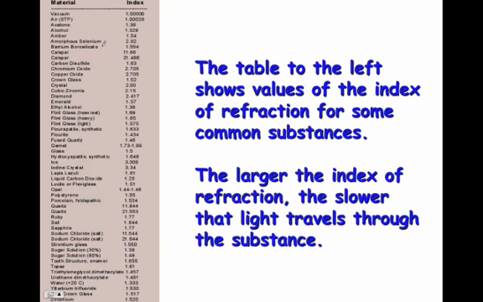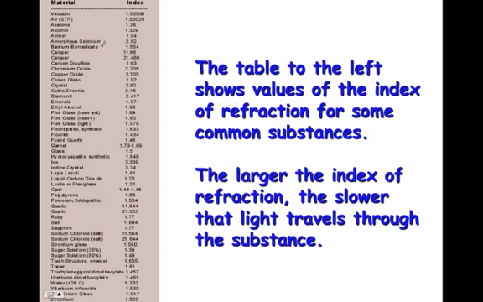We have a number or a figure that we associate with different substances and what they do to light, and it is called the index of refraction. And as you can see, the table to the left shows different values of substances in regards to how they slow down or speed up light.